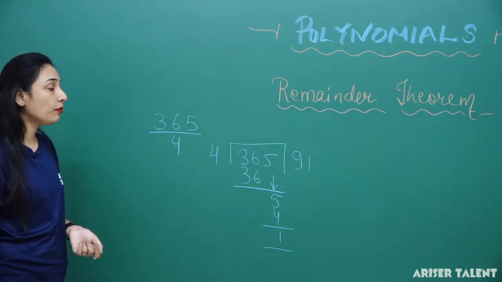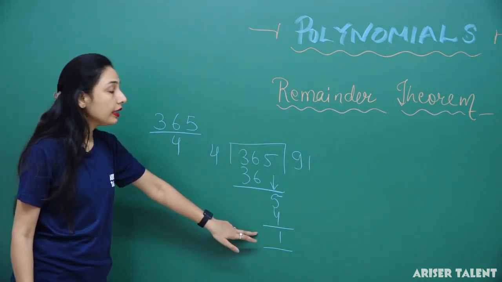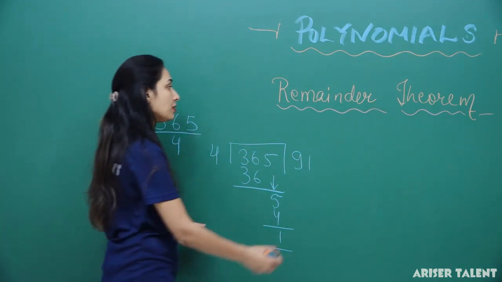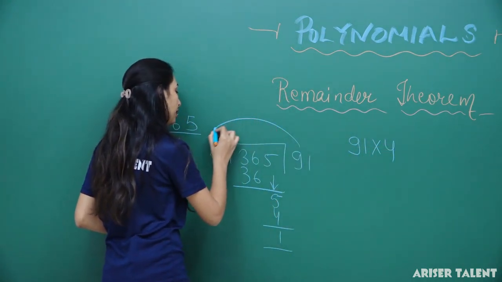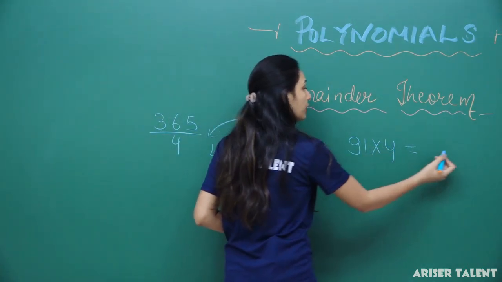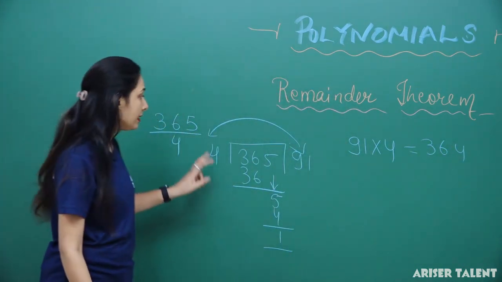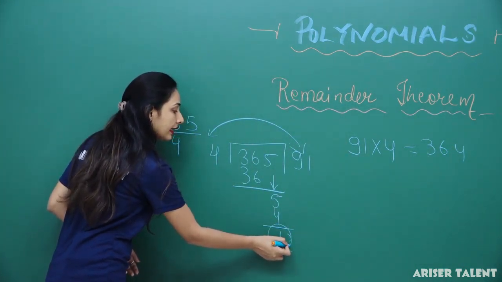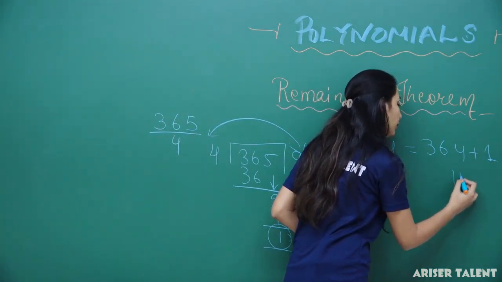Now if I talk about the relationship in these four numbers, then what will you say, ma'am? Just multiply these two. I am multiplying these two, so it is 4 here and 36 here. Now you will say, ma'am, add this plus 1, add this remainder in that. And now what will you get?